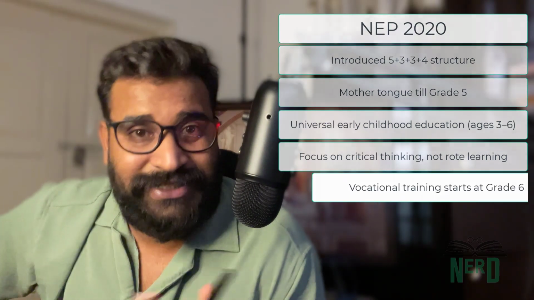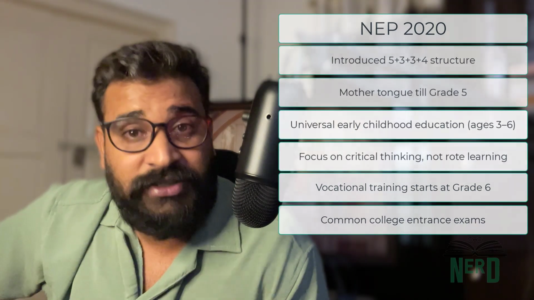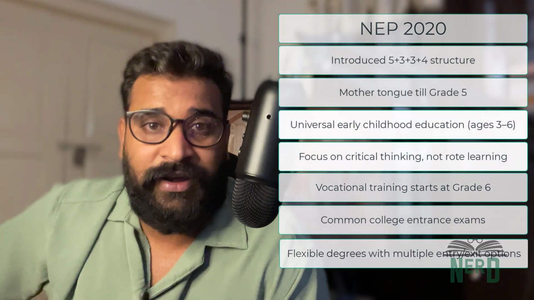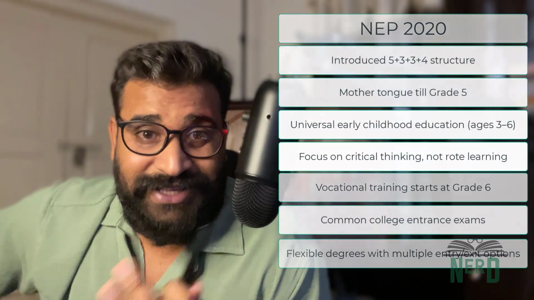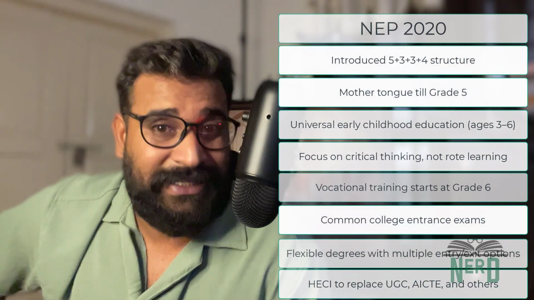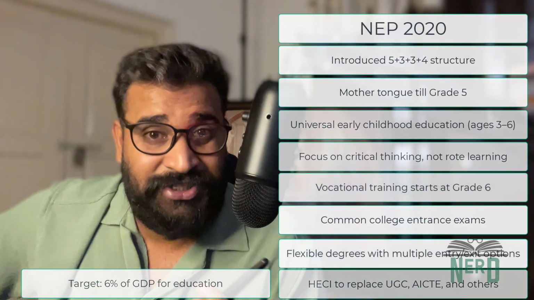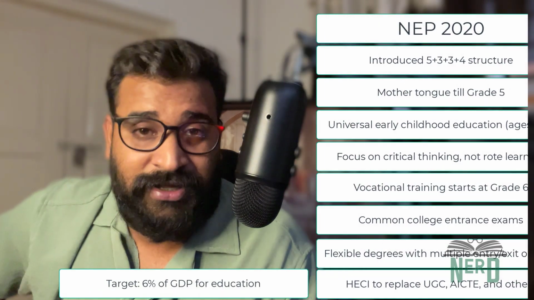Vocational training starts at grade 6, common college entrance exams, flexible degree with multiple entry, and one of the most important thing is HECI to replace UGC, AICTE, and others. Target, very important, 6% of GDP for education. It was asked in your exam.